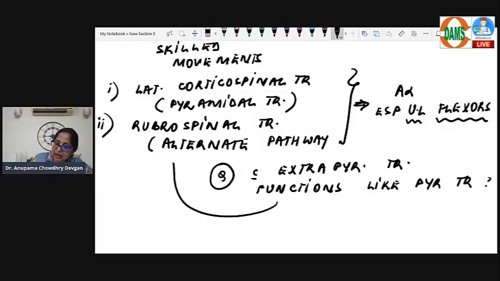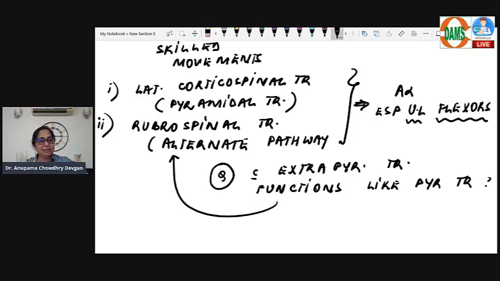And the answer is the rubrospinal tract. Rubrospinal is an extrapyramidal tract. It is not pyramidal. Anything which is not pyramidal is extrapyramidal, and it functions like the pyramidal tract.